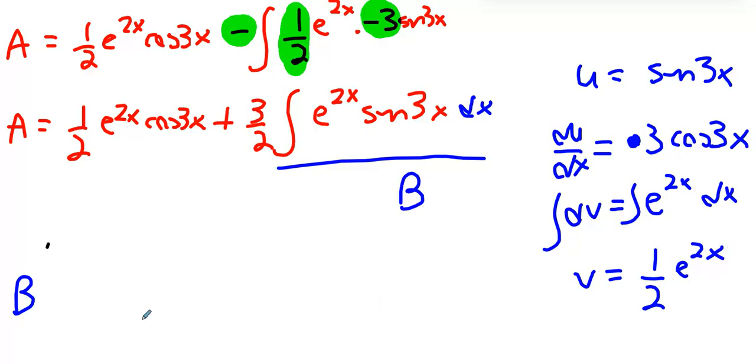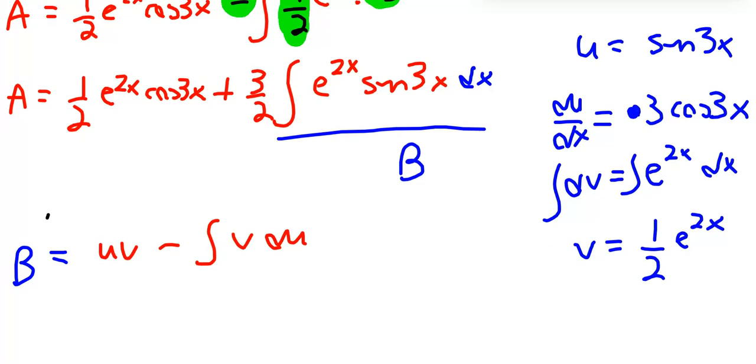Now, here we go. What we're going to do is the following. B is uv minus the integral of v du, yeah? So what's uv this time?